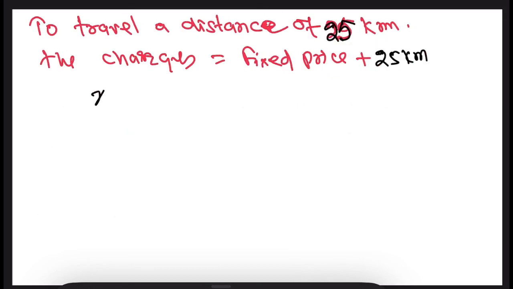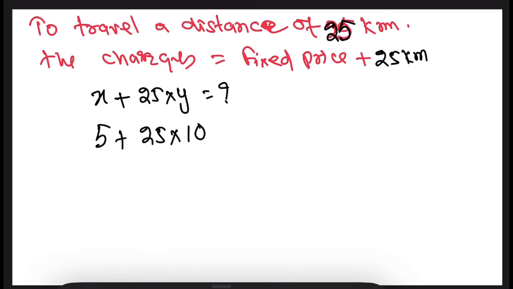So what is our fixed price? x plus 25 into y. x is how much? 5 plus 25 into y, which is 10 rupees. So that implies 5 plus 250.